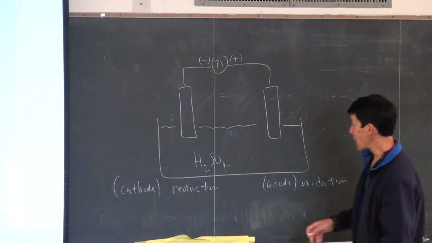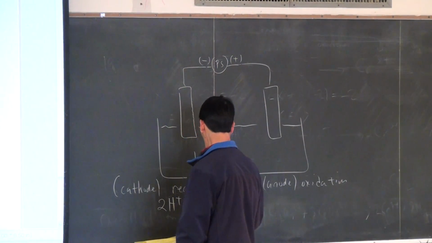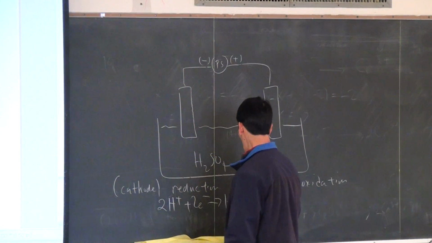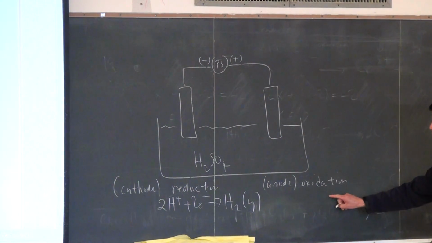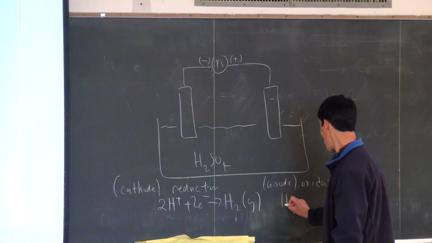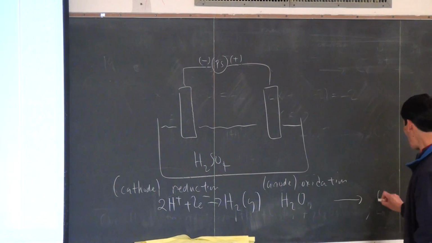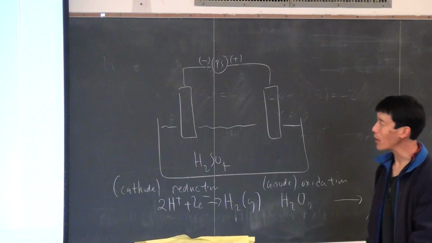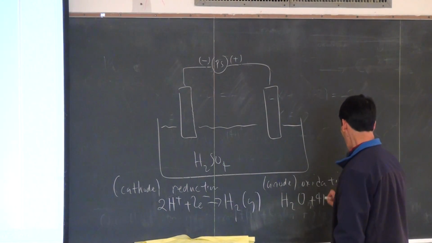Yeah, so at this one we'll have 2H plus 2 electrons producing H2 gas, and then at the anode, what reaction is going to occur here? H2O going to O2, and then let's see what else is in there. We have plus 4H plus.